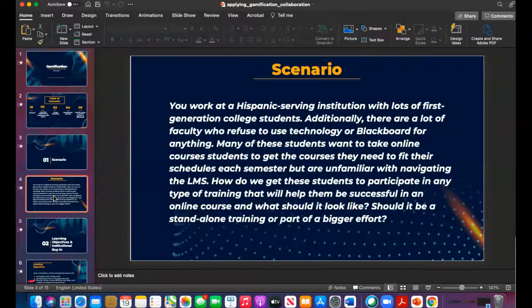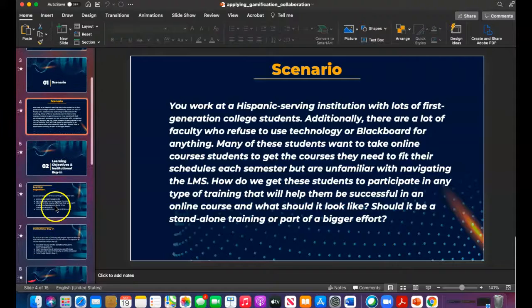So our scenario involved working at a Hispanic serving institution and basically giving the staff and the students the tools they needed to successfully navigate online courses.